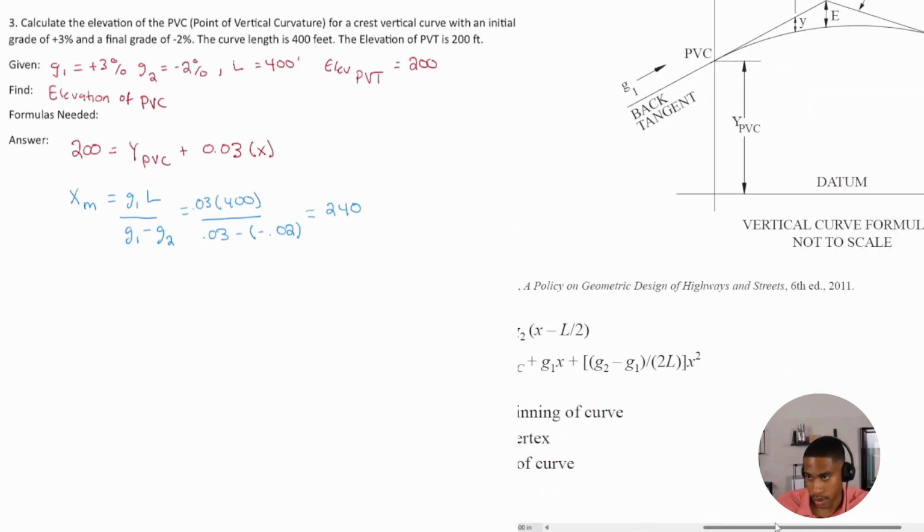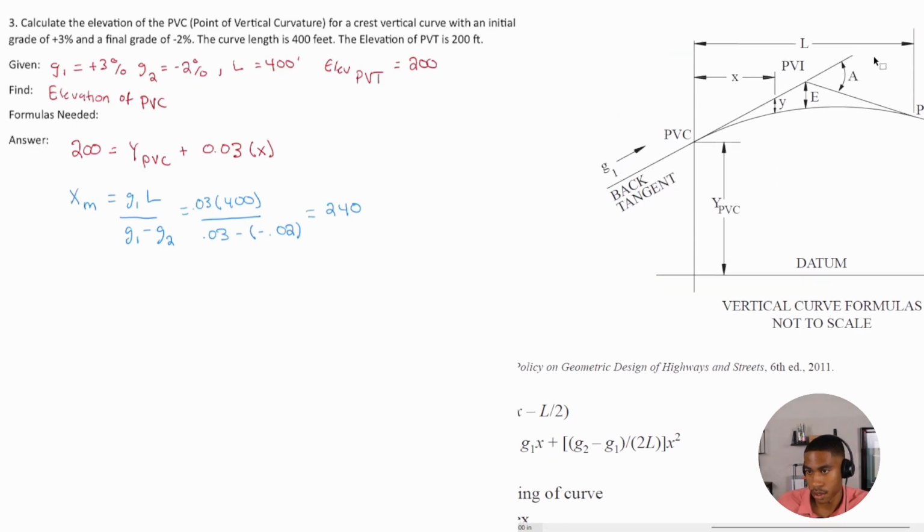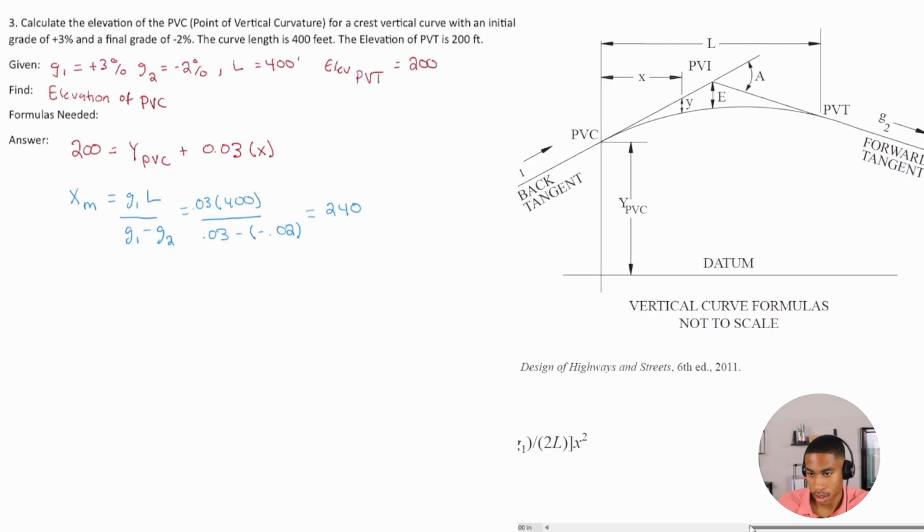So basically what this is saying is the length of the curve is L. So the length along this curve is L. But what we're trying to do is get the horizontal distance from the PVT to the PVC.